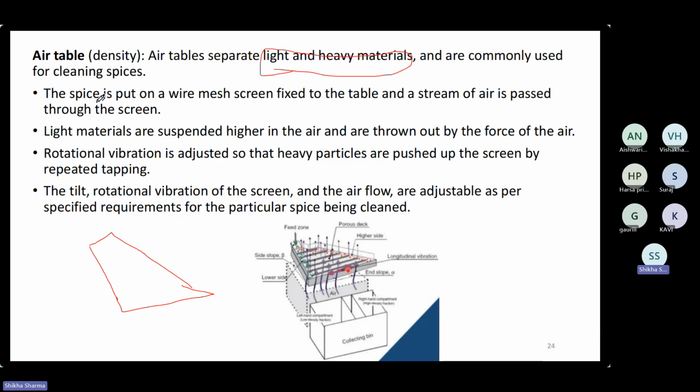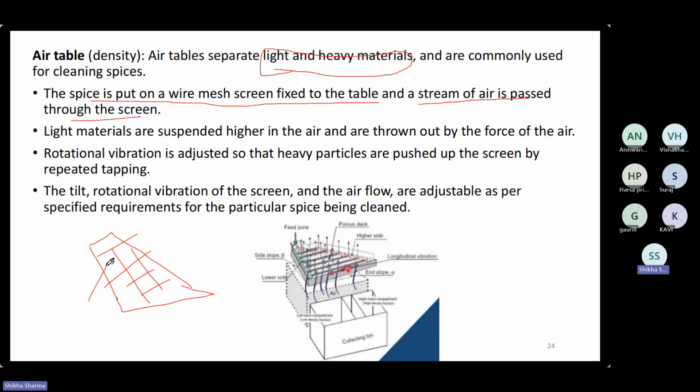The spices are put on a wire mesh screen fixed to the table. So here there will be a mesh with the table, and a stream of air is passed through the screen.